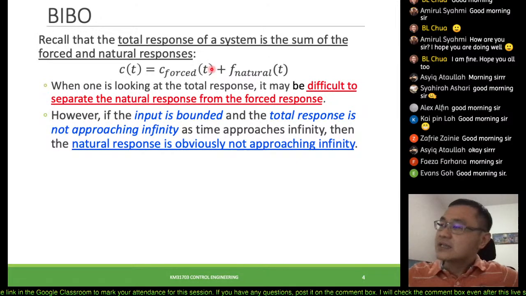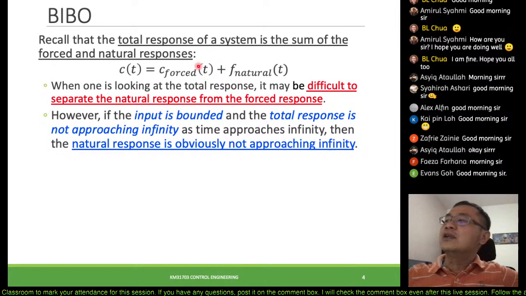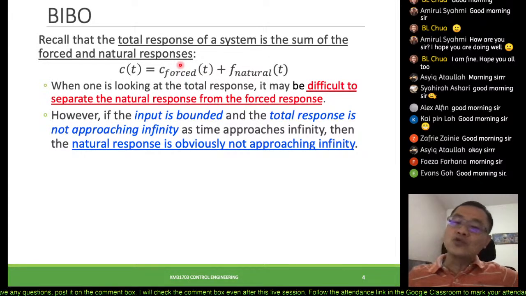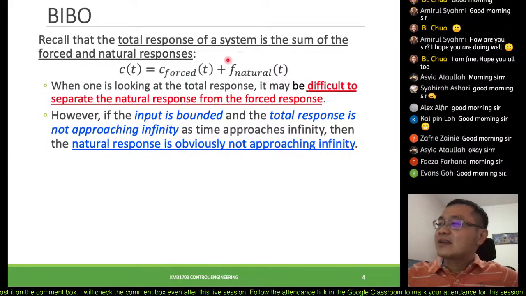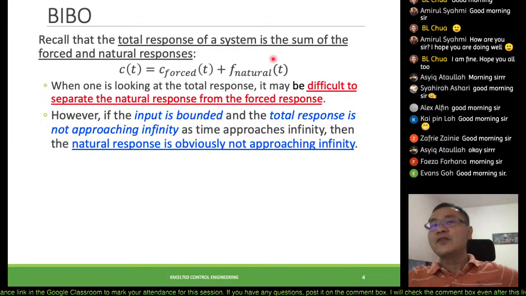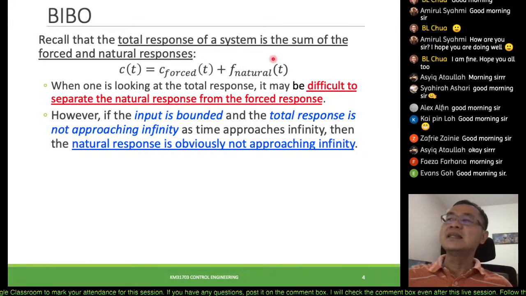Therefore, the effect of this forced part will eventually die out. As time grows, the only effect that remains in the system would be the natural response of the system. Therefore, the previous definitions mainly depend on the natural response itself.